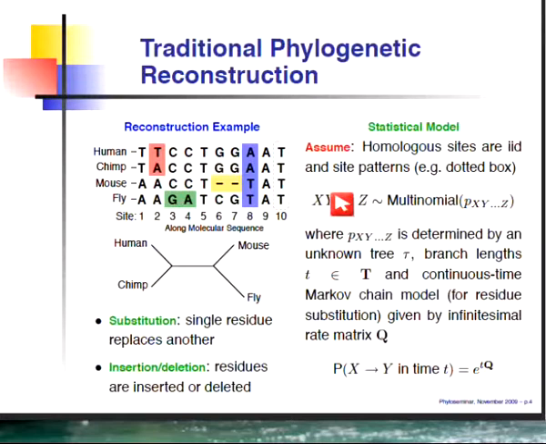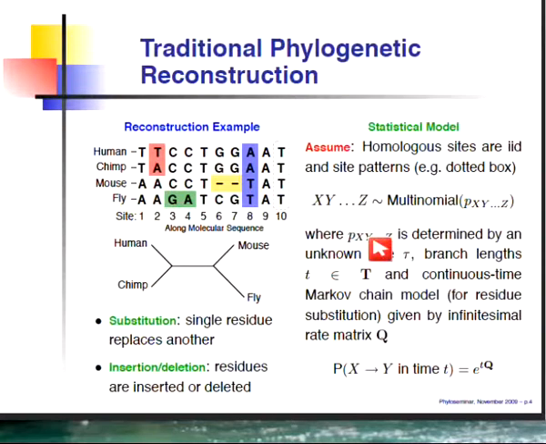So we're going to take each of these patterns and assume that they're multinomially distributed by some unknown probability, where the probability is the probability of observing that specific type of pattern, given a generative process that says somewhere back in time there was a single character that has been bifurcated and slowly mutated over time.